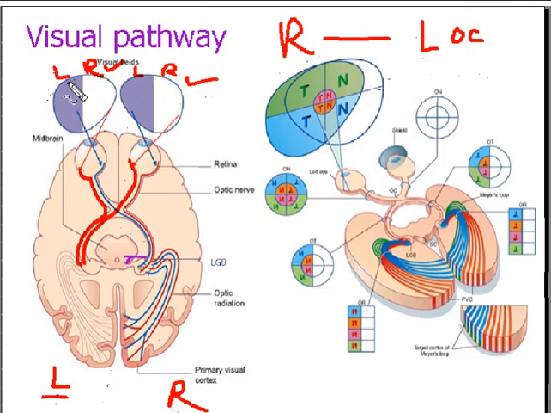Now just in case some of you have not understood this, I'm going to draw it again for you. So here's the eyeball, and the eyeball of this side. And we'll just keep it on this part.